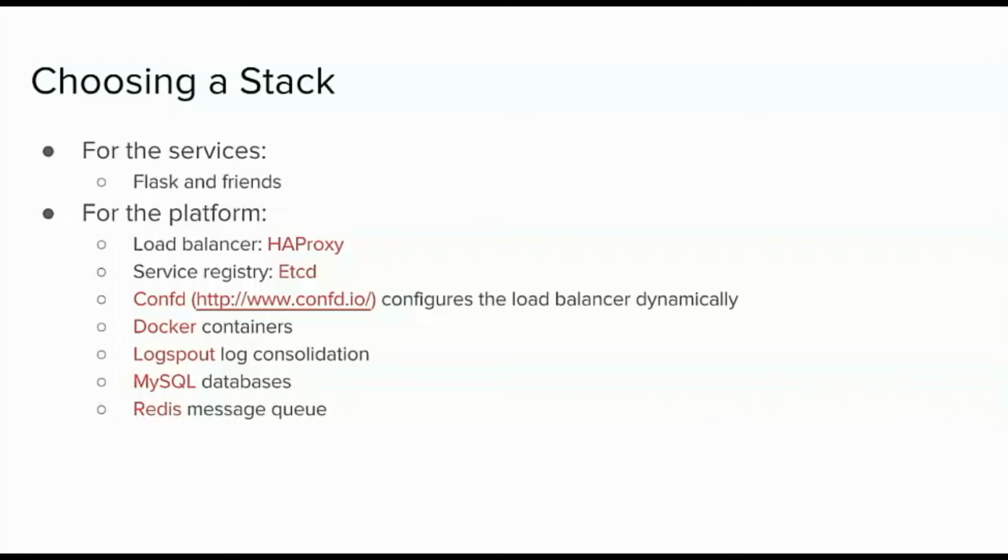So for this application, as I said, to implement the services, these are regular, old school, the thing that we know and love, Flask, right? So there's no change there. For the platform, I use HAProxy for the load balancer, etcd for the service registry. etcd is not a service registry service.